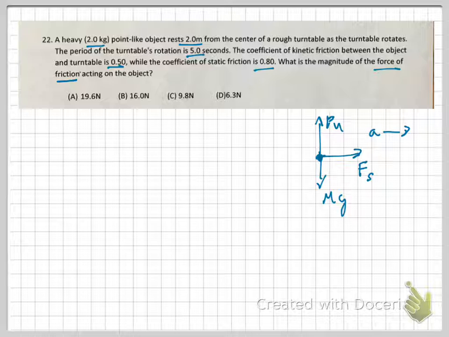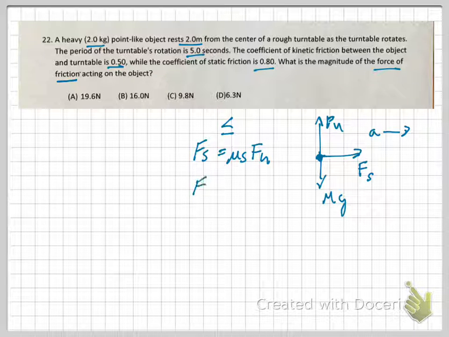It is rotating. So what we do know is that the static frictional force would have to be less than or equal to mu s times Fn.